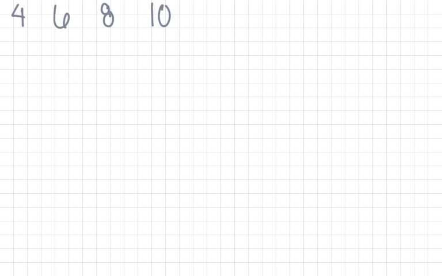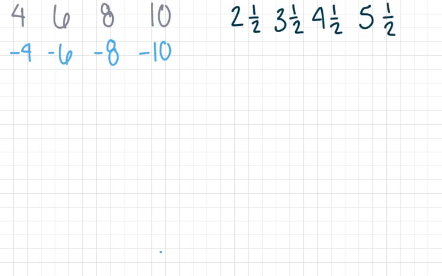On the screen, we have numbers 4, 6, 8, and 10. We are going to find the opposite of those 4 numbers. So negative 4, negative 6, negative 8, and negative 10. On the other side of the screen, I have written 4 non-integer rational numbers: 2.5, 3.5, 4.5, 5.5.